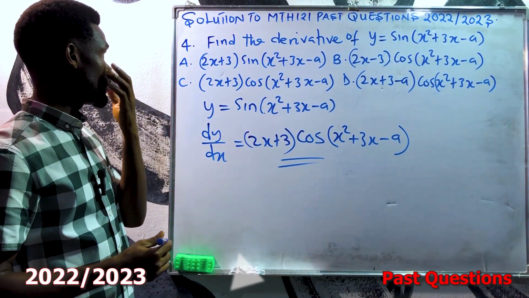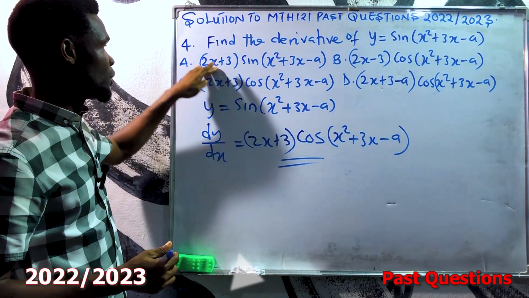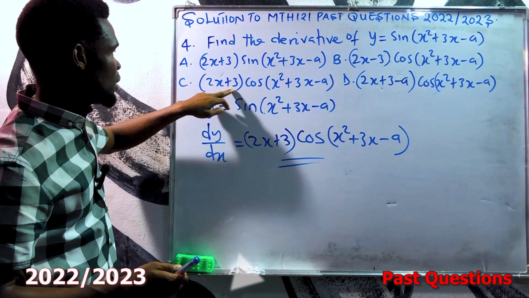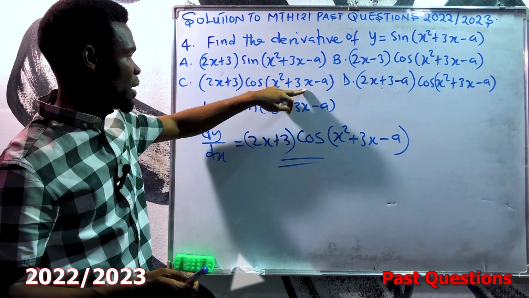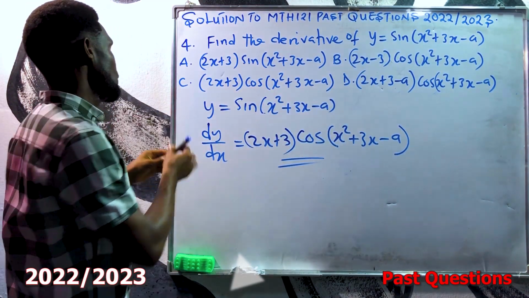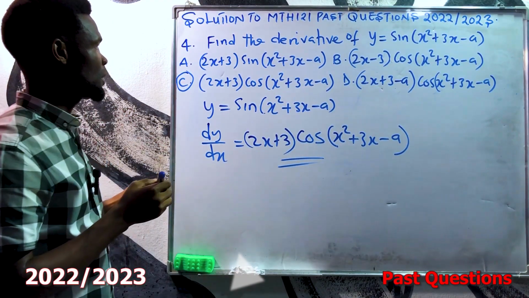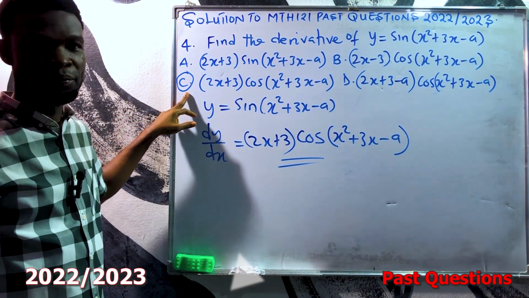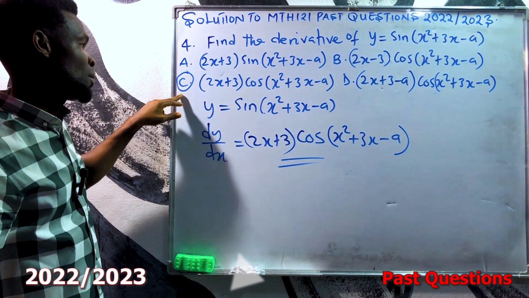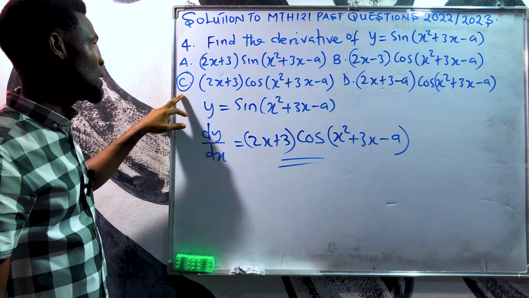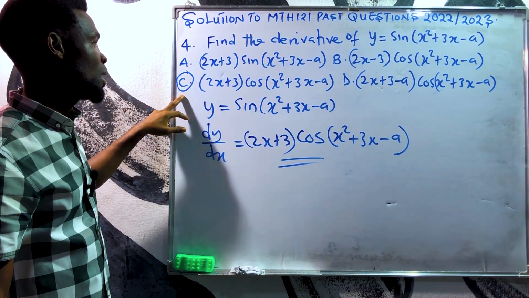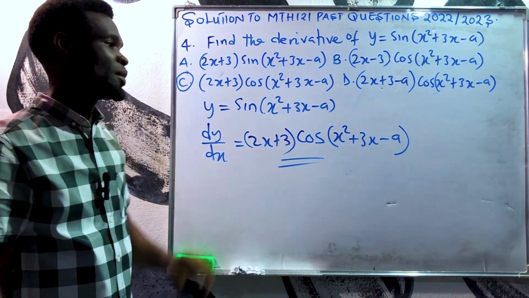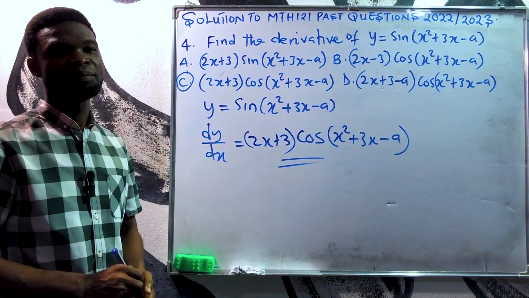Option B, 2x plus 3 cos of x squared plus 3x minus a. So option C is the correct option. C is the correct option: 2x plus 3 into cos of x squared plus 3x minus a. That is the correct option, C.